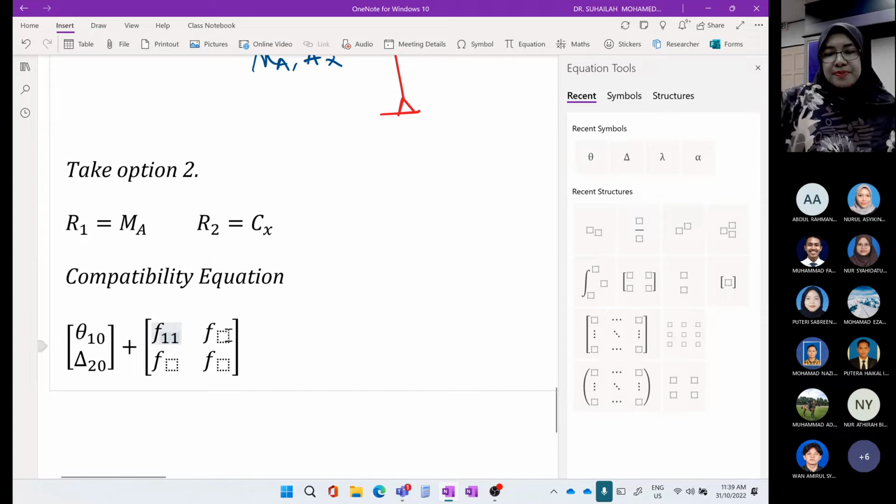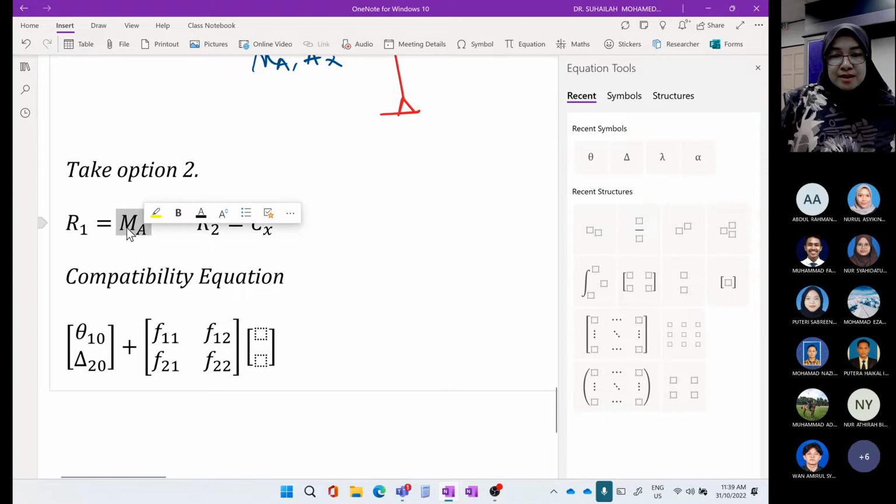Okay. Times with 2 redundant. First redundant, MA. Second redundant, CX.